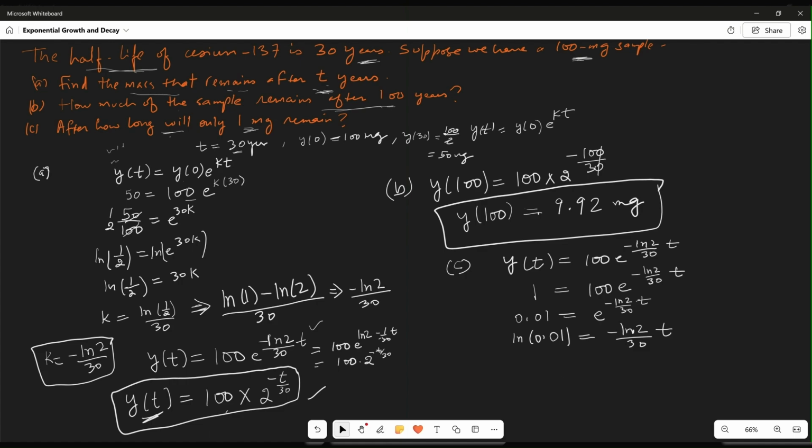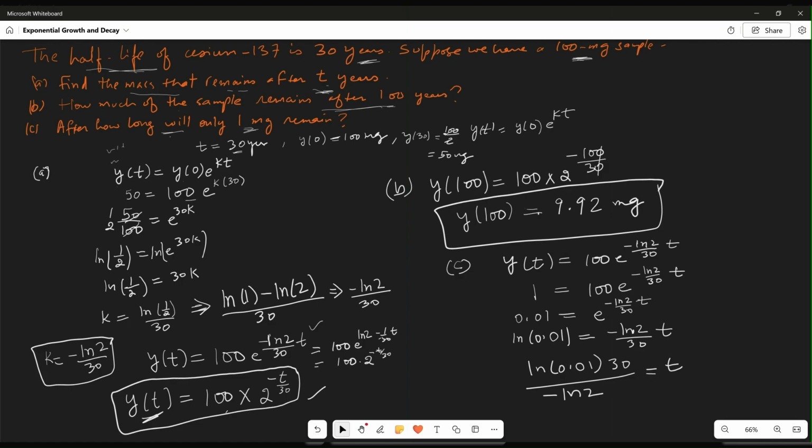Okay, so t is equal to, so cross multiplication, right? So natural log 0.01 multiplied by 30 divided by negative natural log 2 is equal to t.